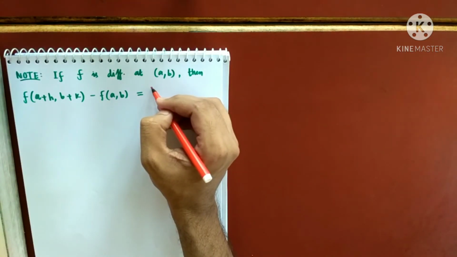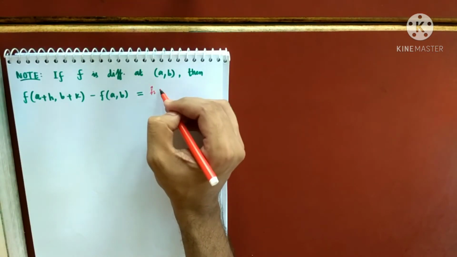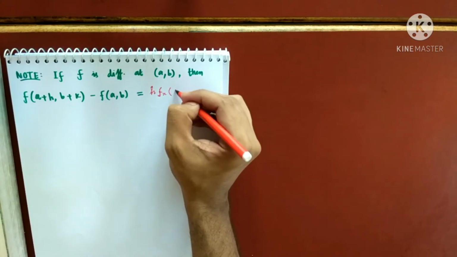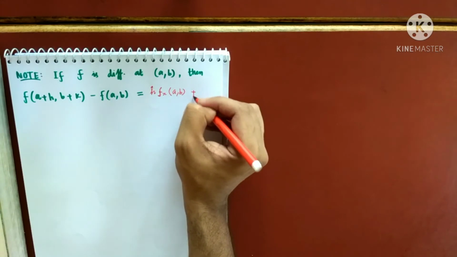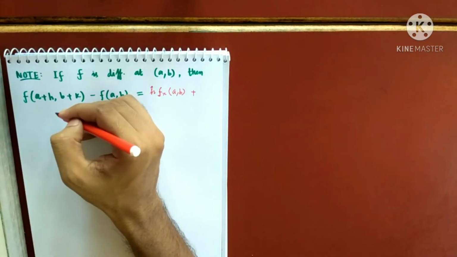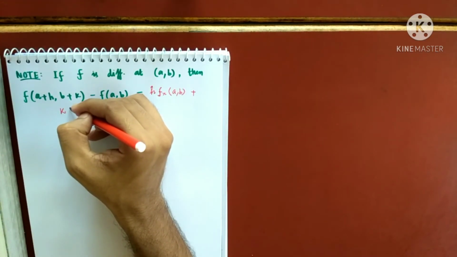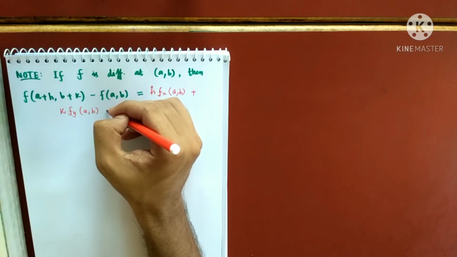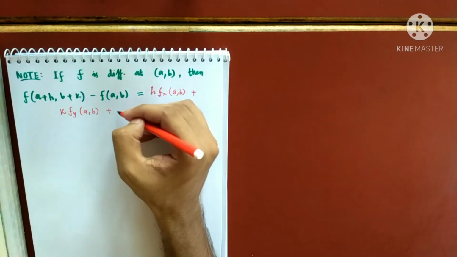So h times a, where a is fx at the point a comma b, plus k times b. What was b? b can be replaced like this. So I know these constants. That is one thing that we have obtained.